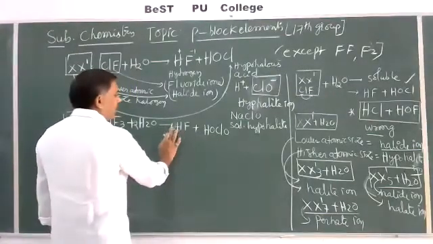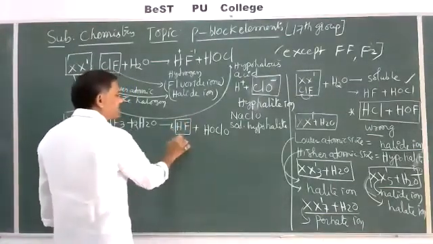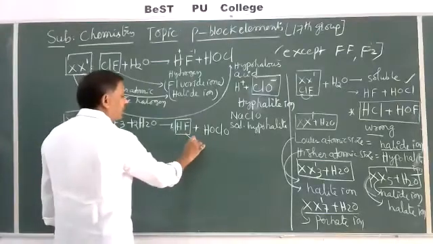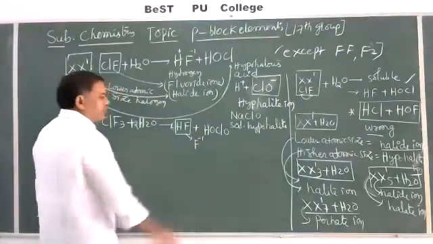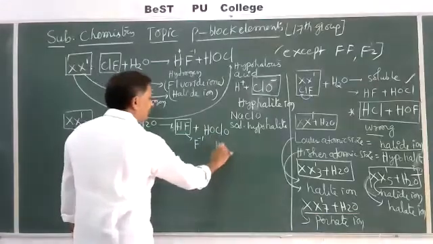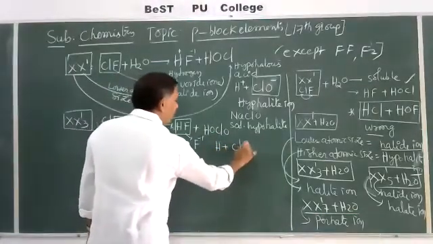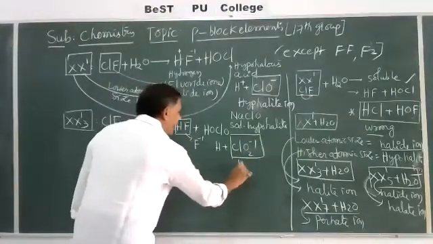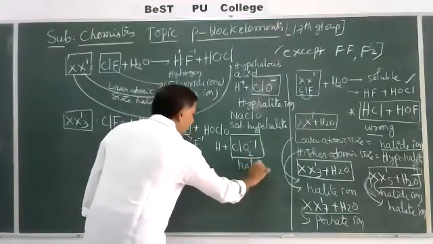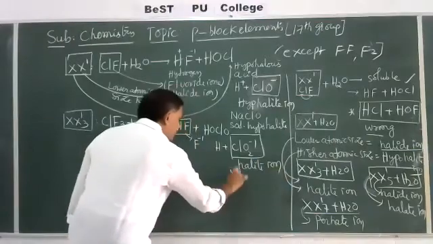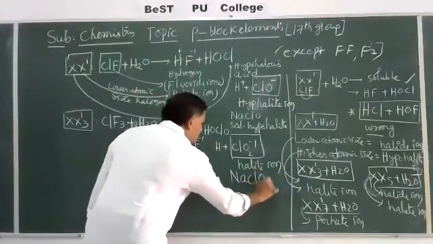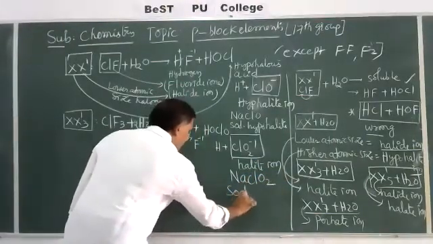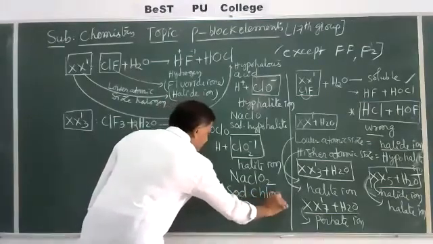Here hydrogen fluoride is the lower atomic number F minus, but here H plus ClO2 minus 1 is formed. This is a halite ion. Now we can take this as NaClO2.